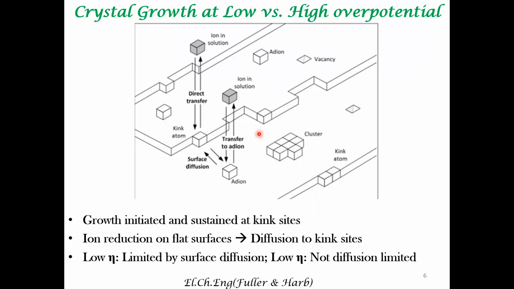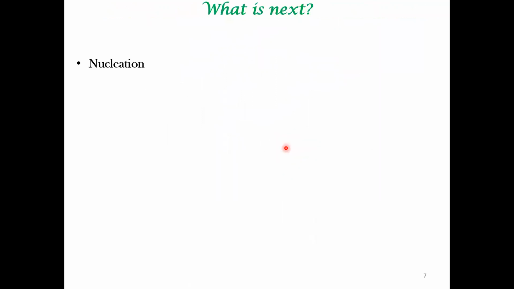Unlike that option, you may also have electrodeposition at high surface overpotential, wherein clusters may get formed and grow, and this morphology is different. In the next lecture, we will look at aspects of nucleation in electrodeposition.